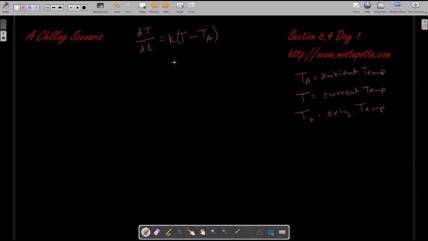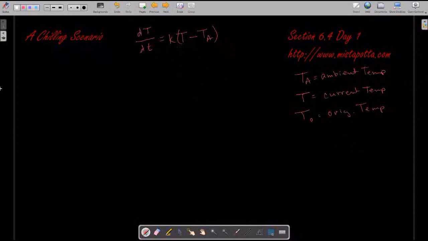So I've got this differential equation, dT/dt, the change in temperature with respect to time, is equal to k times how far I am from the ambient temperature. And this is actually going to prove to be an interesting graphical solution, which we'll talk about in just a few minutes.